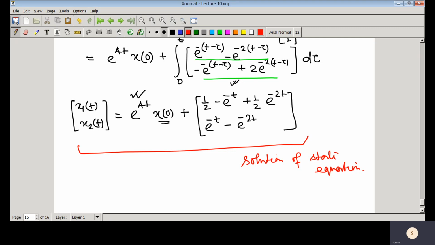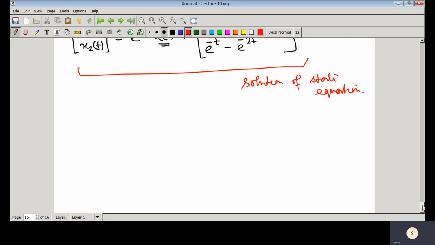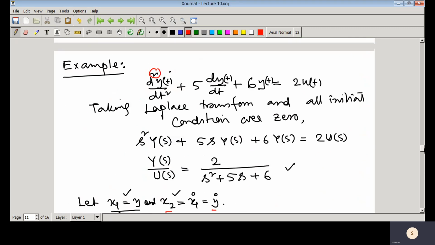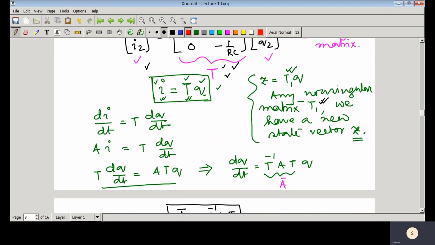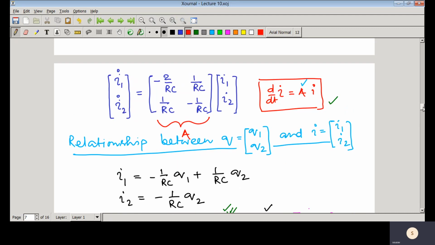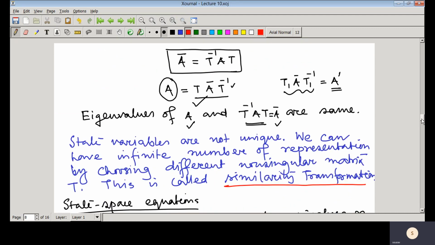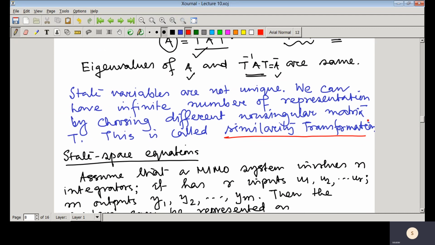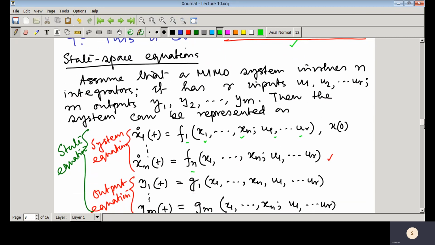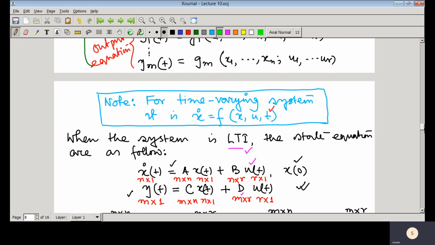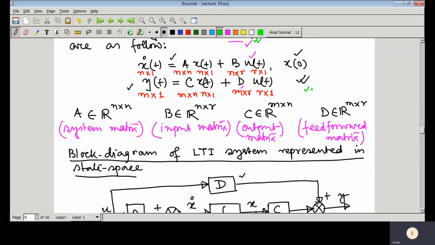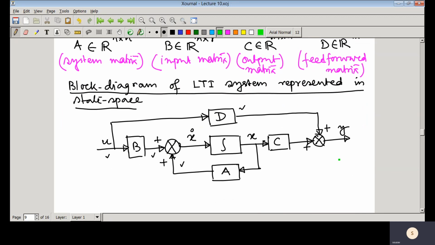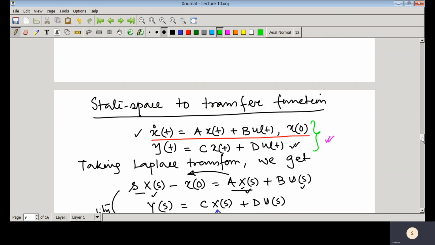So what have we discussed today? Today we started with that particular example, and we have seen that the state space representation is not unique, and we have understood what a similarity transform is. Then we represented the state space in general form for multi-input, multi-output systems, and whenever it is LTI, linear time invariant, we found that it can be represented in matrix form, and this is the representation of state space in block diagram form.